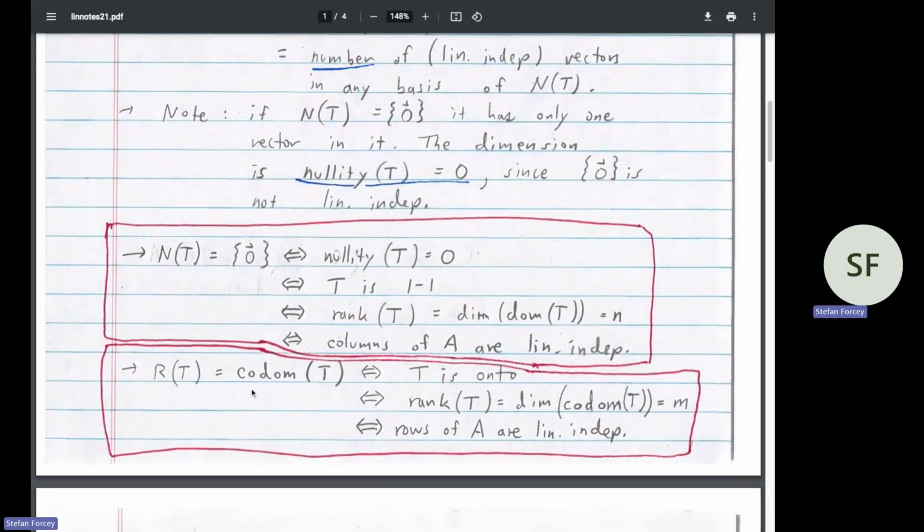If the range of T is equal to the entire codomain of T, that's when T is onto. And that's when the rank of T would turn out to be equal to the dimension of the entire codomain, which is M. And that happens when the rows of A are linearly independent.